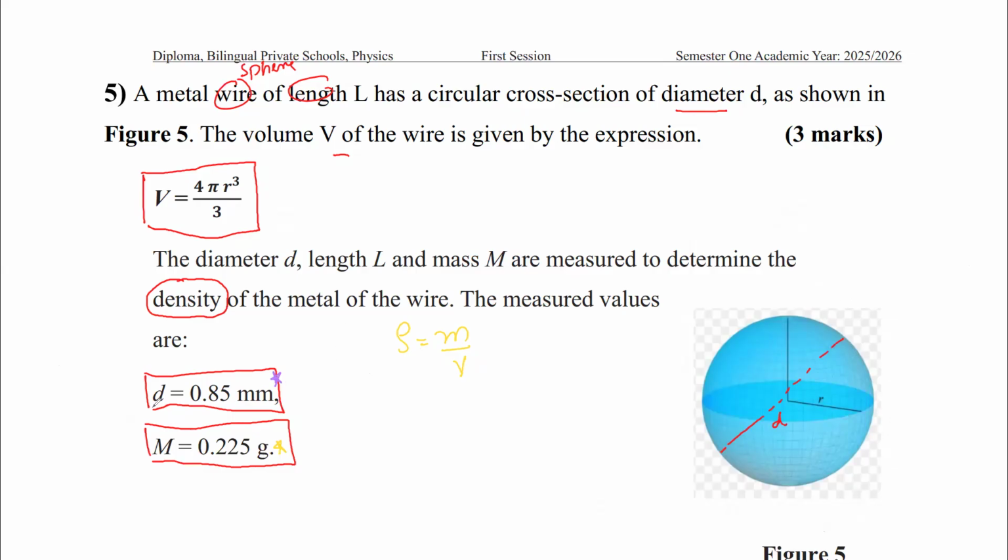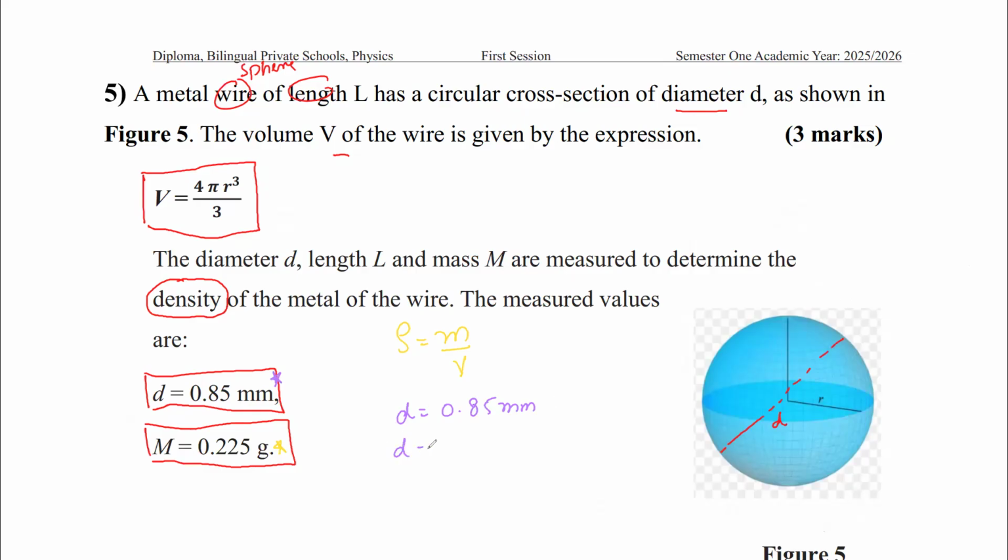To solve this, we know that the diameter is 0.85 millimeter. The first thing is to convert millimeter into centimeter. How to convert millimeter into centimeter? We just divide by 10.